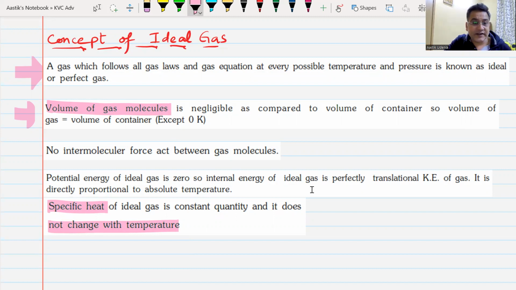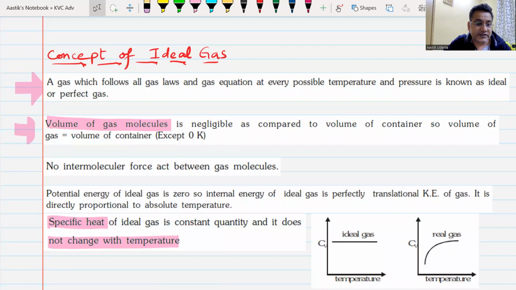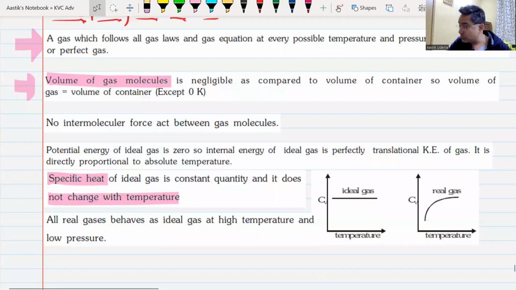So the diagram of an ideal gas and real gas for temperature is like this. All real gases behave as ideal gases at low pressure and high temperature. You must remember this. I'll give you 2 minutes.